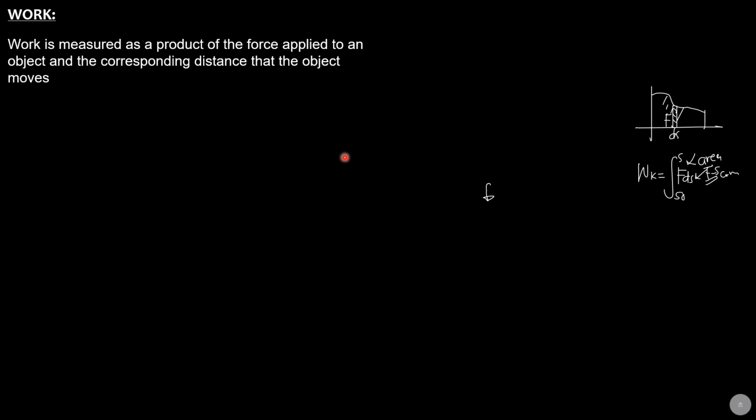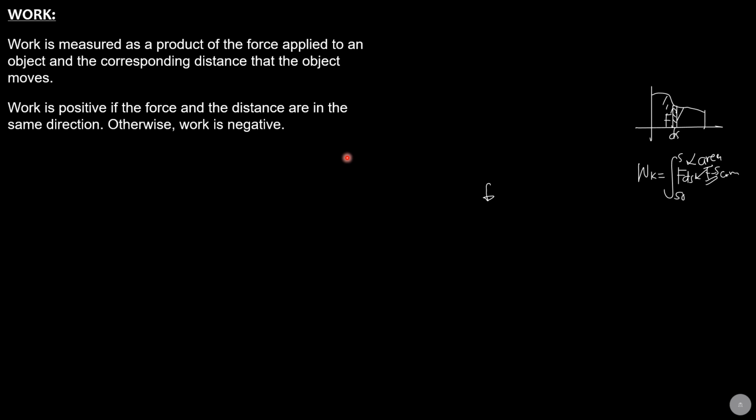So by definition, work is force times distance as defined by this equation below. So again, it is positive if the applied force and the direction where the object will be displaced are in the same direction. So that's positive, otherwise negative. So work is force times distance.